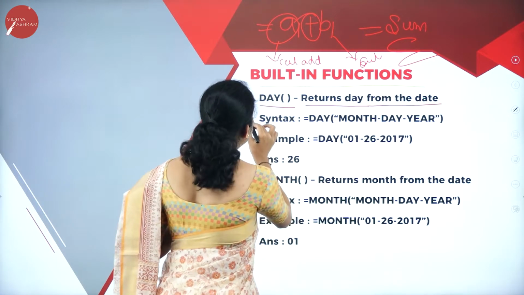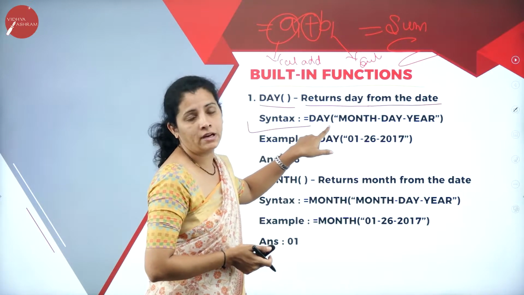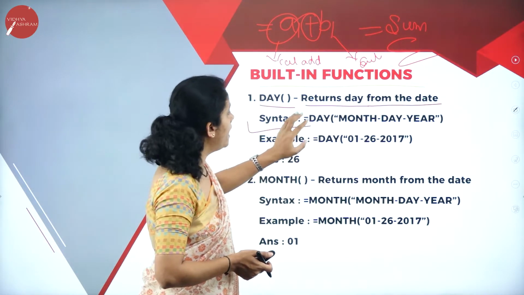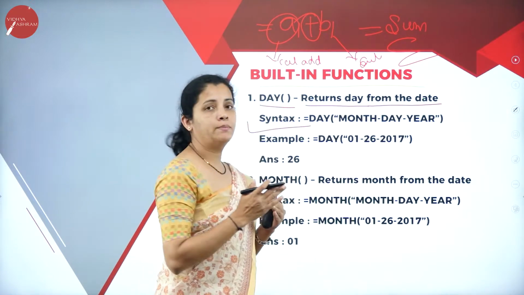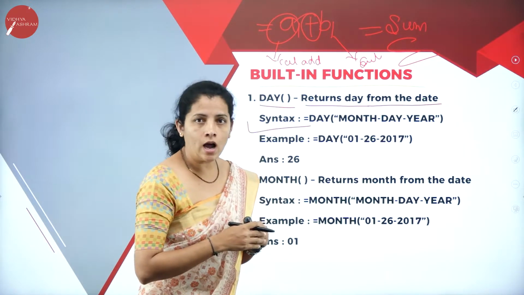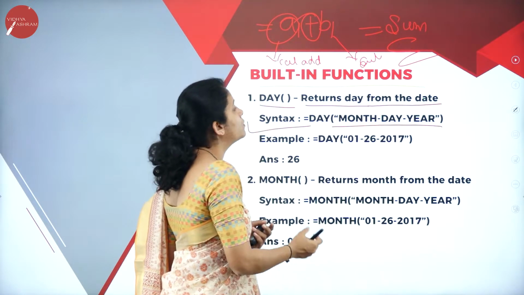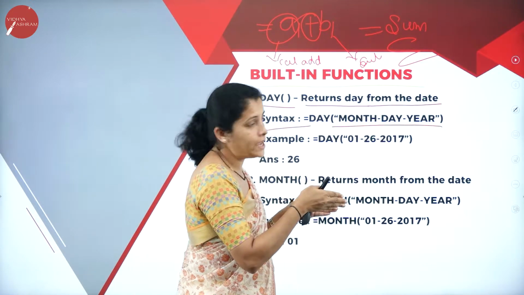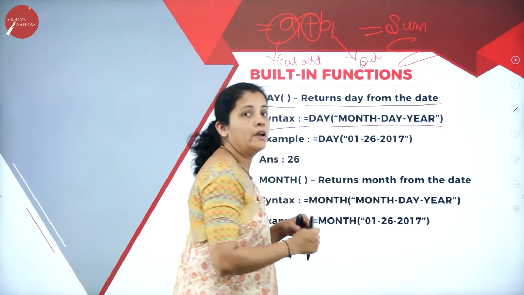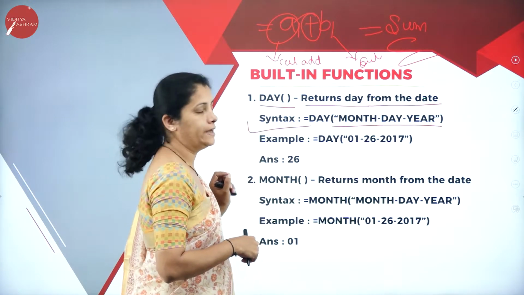So what is the syntax I'm going to have? That is, I'm going to have the function called day, and I'm going to specify the value. That is nothing but I'm going to pass the argument. So what is the argument here? That is, I'm going to specify which month, which day and year. Based on that, I can get the date.